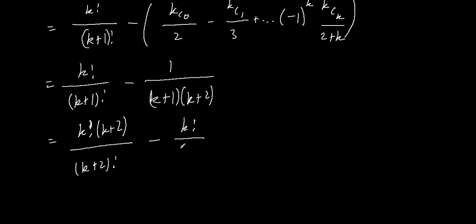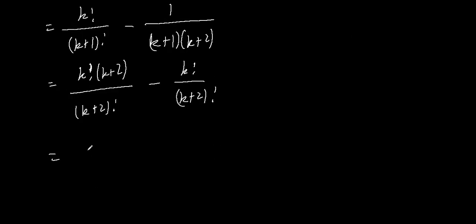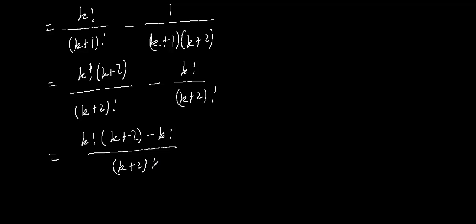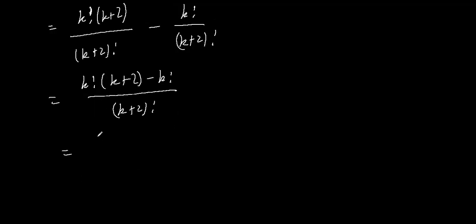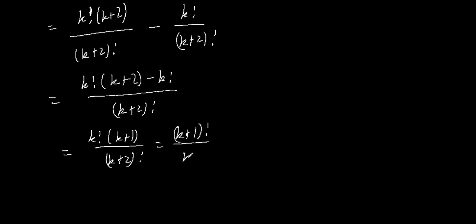Okay, now the same denominator, so I can have k factorial times k plus 2 minus k factorial, all over k plus 2 factorial. Now factor out the k factorial. Now this k plus 2 minus 1, which is k plus 1, all over k plus 2 factorial, which is equal to k plus 1 factorial over k plus 2 factorial.